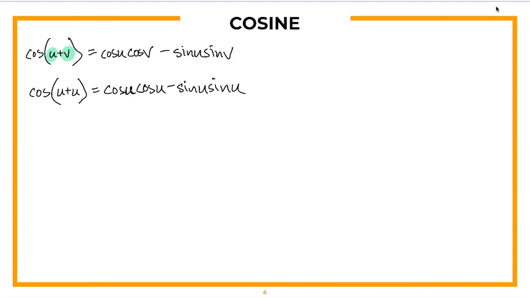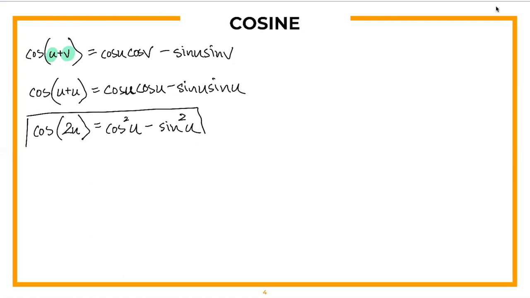And what we can say is cosine of 2u equals cosine squared u minus sine squared u. Okay. So this is the double angle formula for cosine.